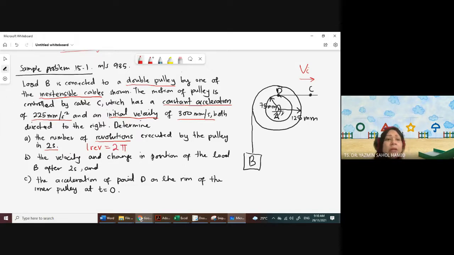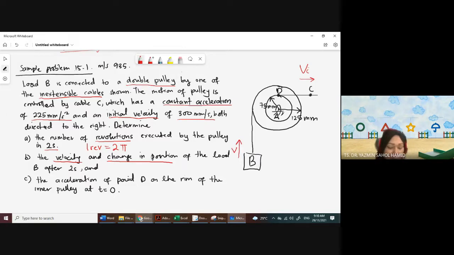Okay, now, next question, the velocity and change in position. Velocity and change in position of the B after 2 seconds. So, of course, after 2 seconds, block B ni dia akan change position dan kita nak tahu what is the velocity lah. Okay, so kalaulah kabel ni menghala ke arah C, kita bolehlah assume velocity dia naik atas lah.